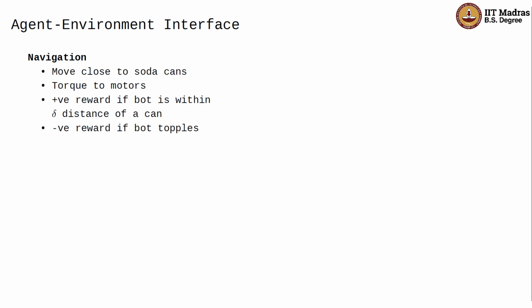Maybe it's some kind of error there. So it could end up trying to get close to that wallet instead of an empty soda can. That could also count as a negative reward. I've not specified all possibilities here. It's just to give you an idea of what could be positive rewards and negative rewards in this situation. So this is a navigation problem.